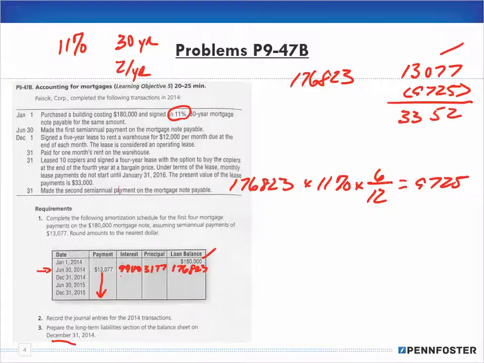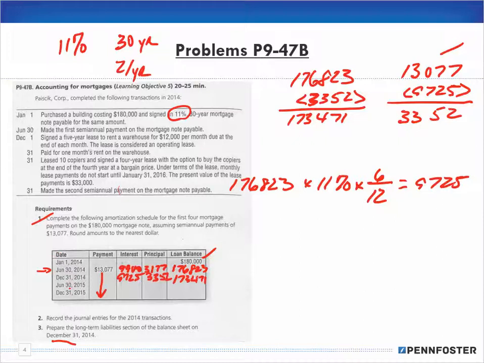Okay, so here we have $97.25 and then $33.52, and that reduces our principal amount, right, by the $33.52, which gives us a new principal amount of $173,471.